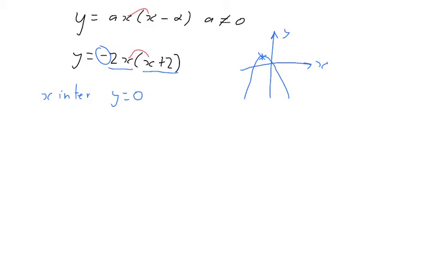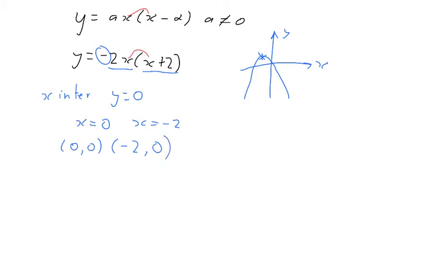That means the intercepts are when x equals 0 and x equals minus 2. So the x-intercepts are 0, 0 and minus 2, 0.